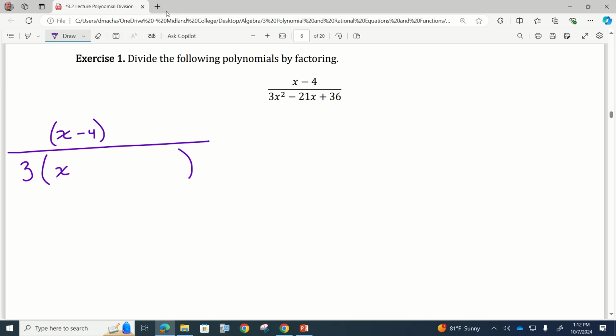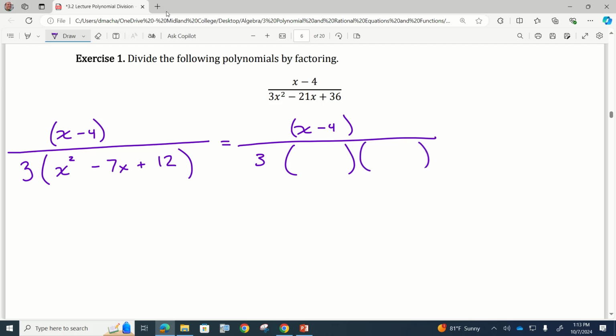And so if I take out that common factor, I get x squared minus 7x plus 12. And so this is going to be 3 times something, x minus 3, x minus 4.